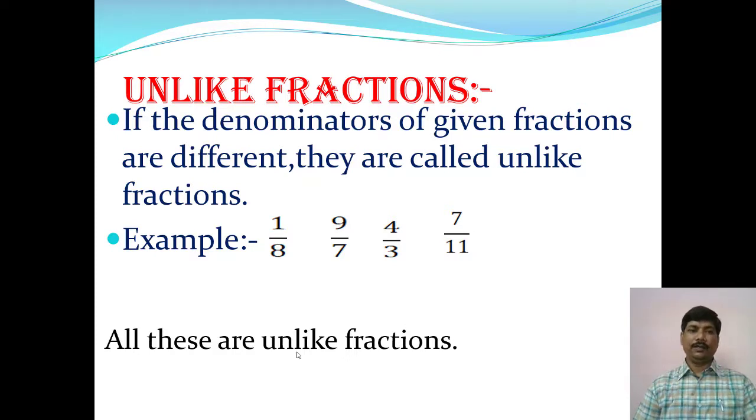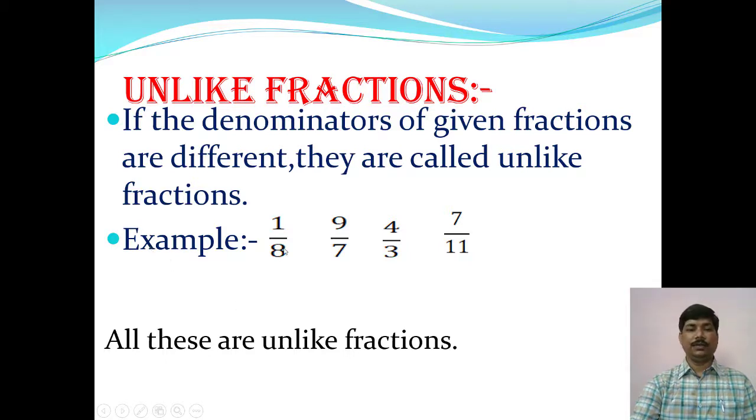To identify, we check: if the denominators of the given fractions are different, they are called unlike fractions. In a group of fractions, if each fraction has a different denominator from the others, then these fractions are called unlike fractions.